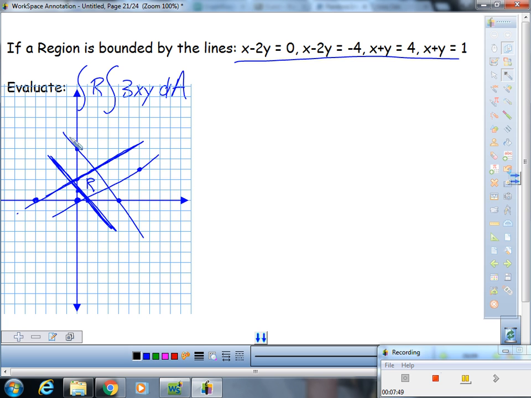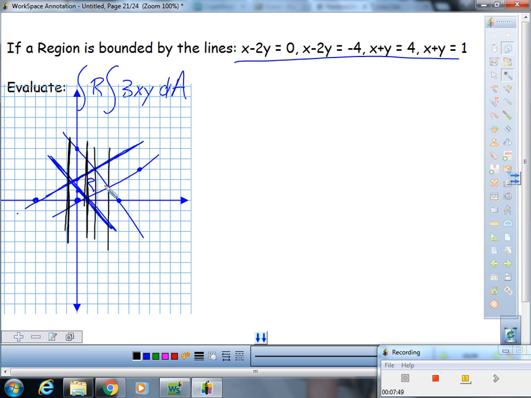We would have to have 3 different vertically simple regions to integrate over. So we would have 3 double integrals, and it would be really nasty.